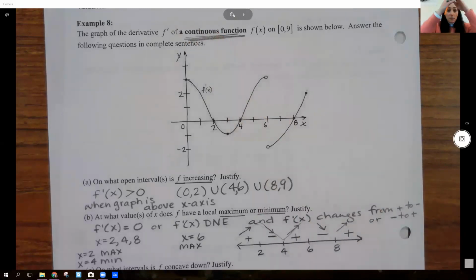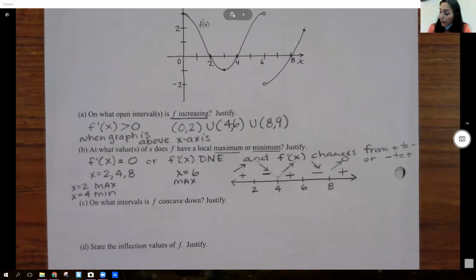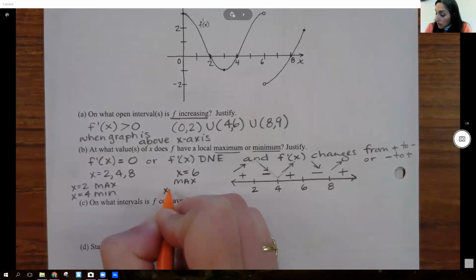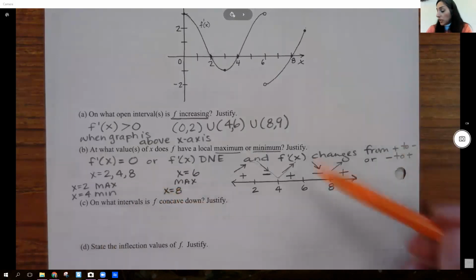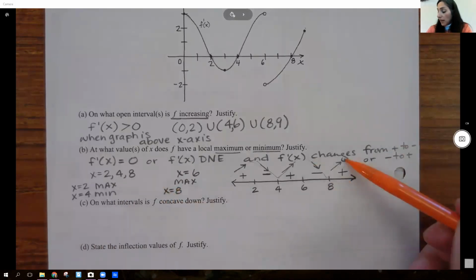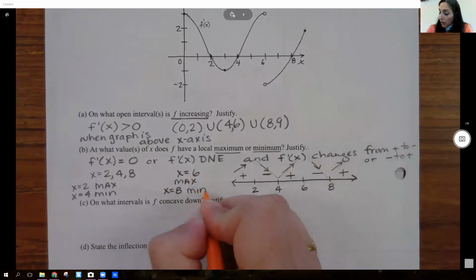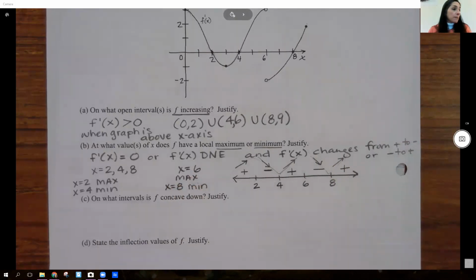Like you must have some really pointy corner happening at 6 where the function is continuous, like it's all hooked together, but the derivative can't be done at that point. Okay. All right, and then at 8, the function goes down and then up, so you have a minimum. All right.